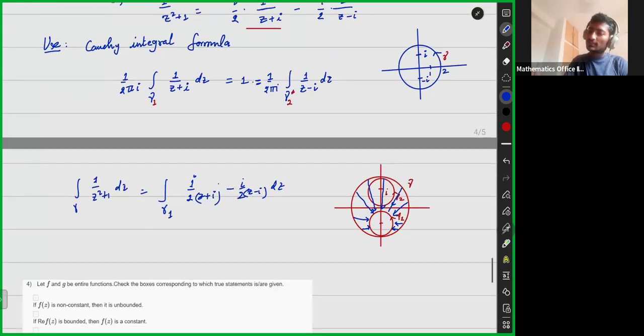The first integral is over gamma 1, the second over gamma 2.